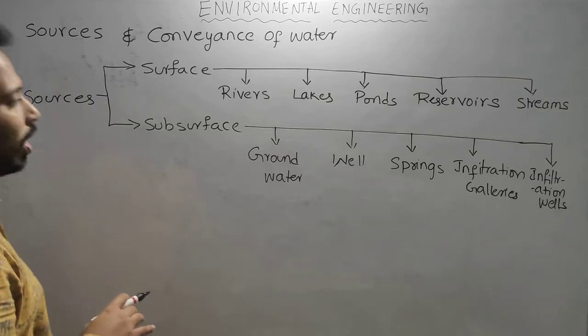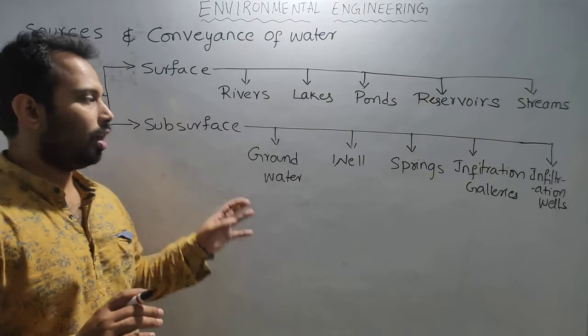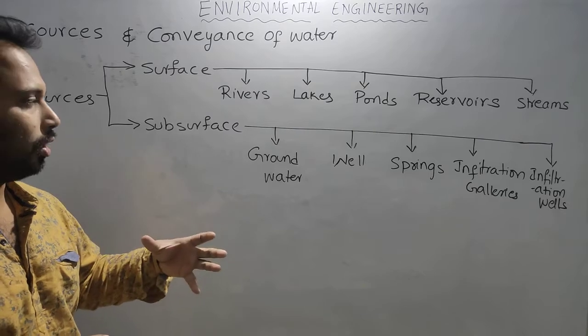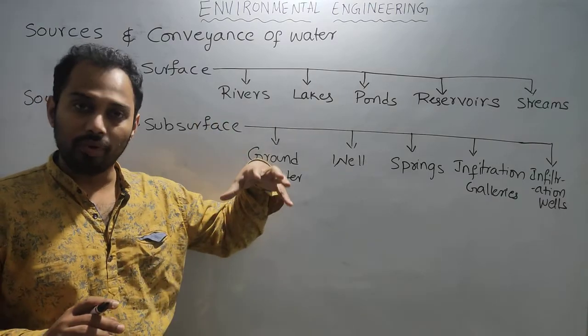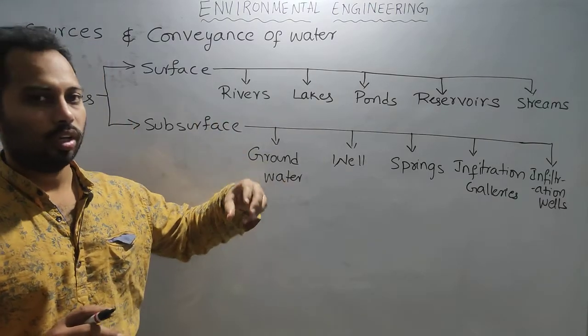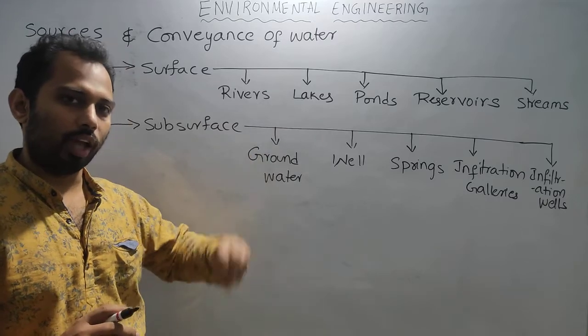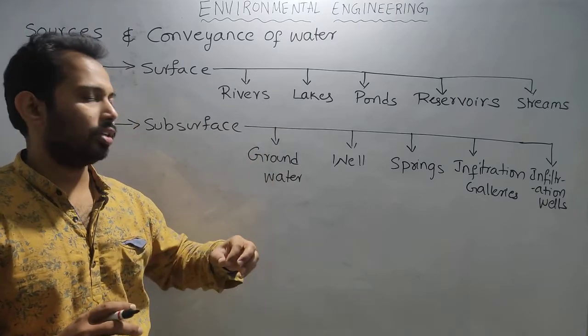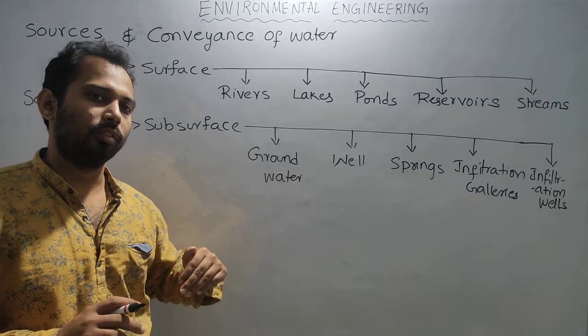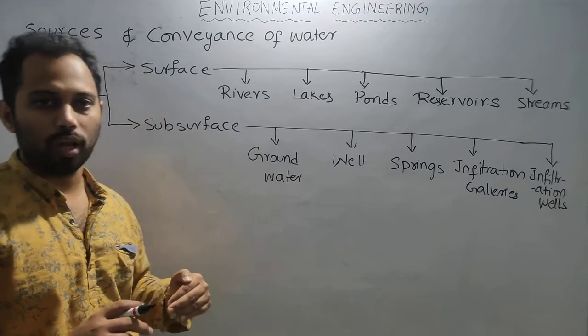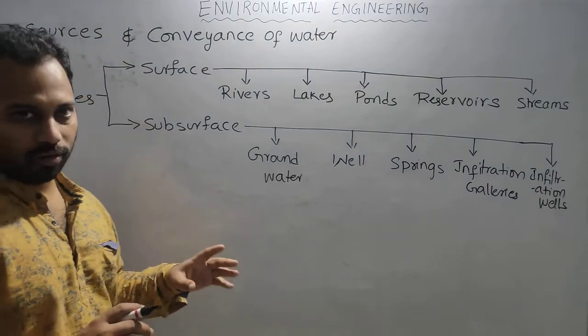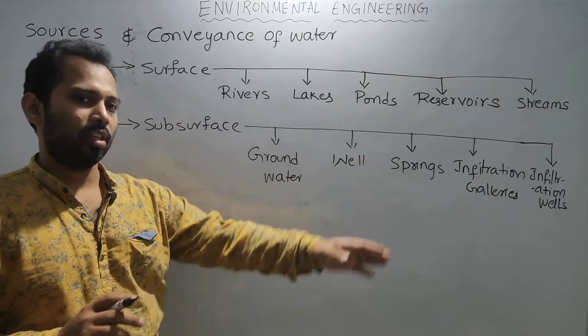If you look at the quality of groundwater, what happens? The surface water has to go to the deeper layers of the earth's crust. So it has to pass through different layers of sand and soil, which act like filter media for this water.